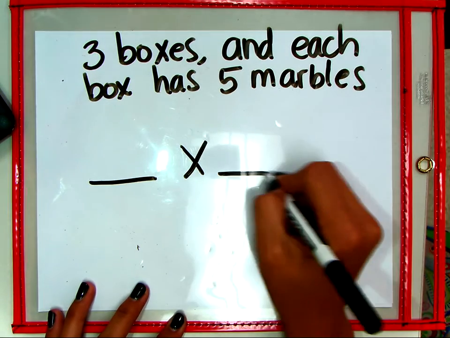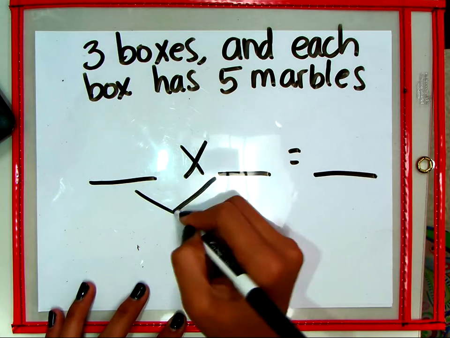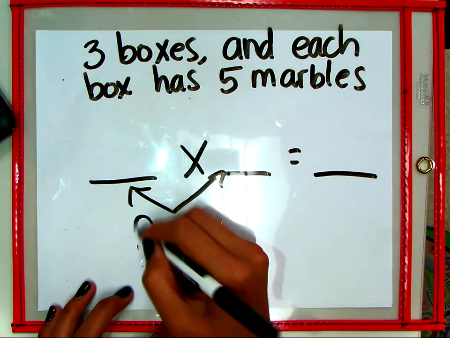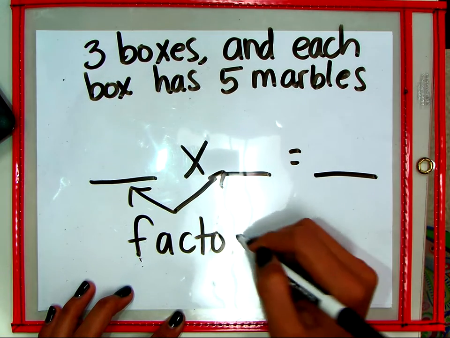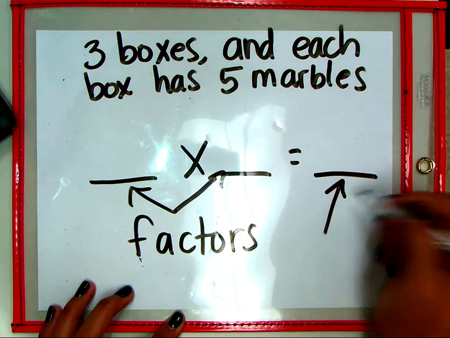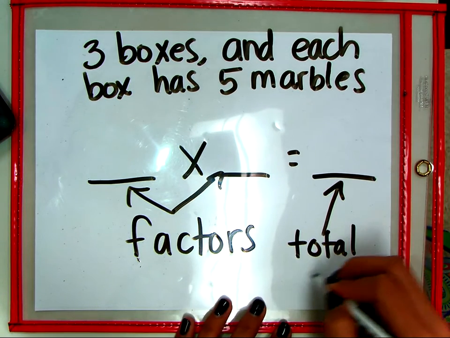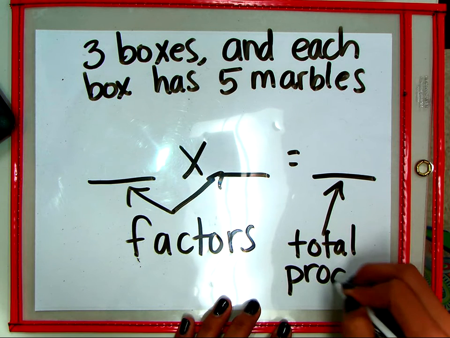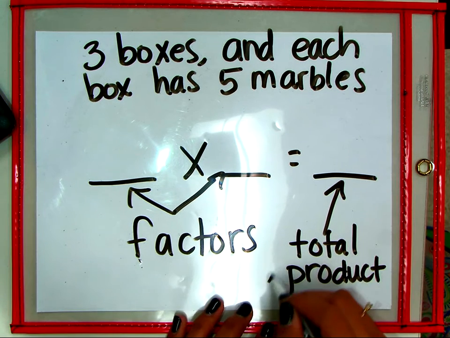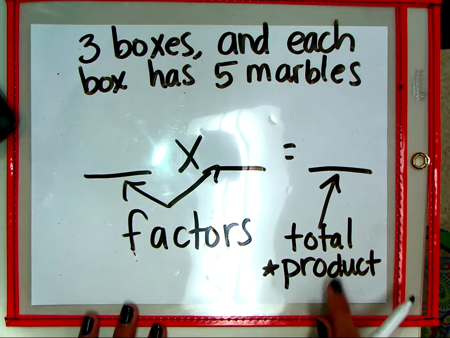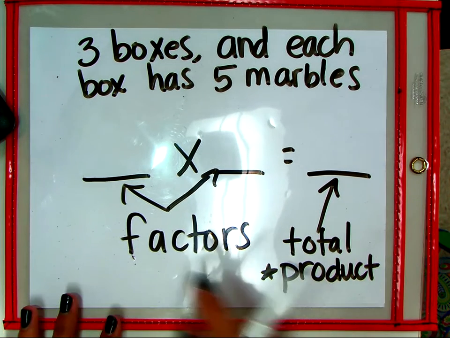I have 2 numbers here and here, which are called our factors, and I have my total or my answer, which is called my product. We prefer students to use the word product, but the word total also works.